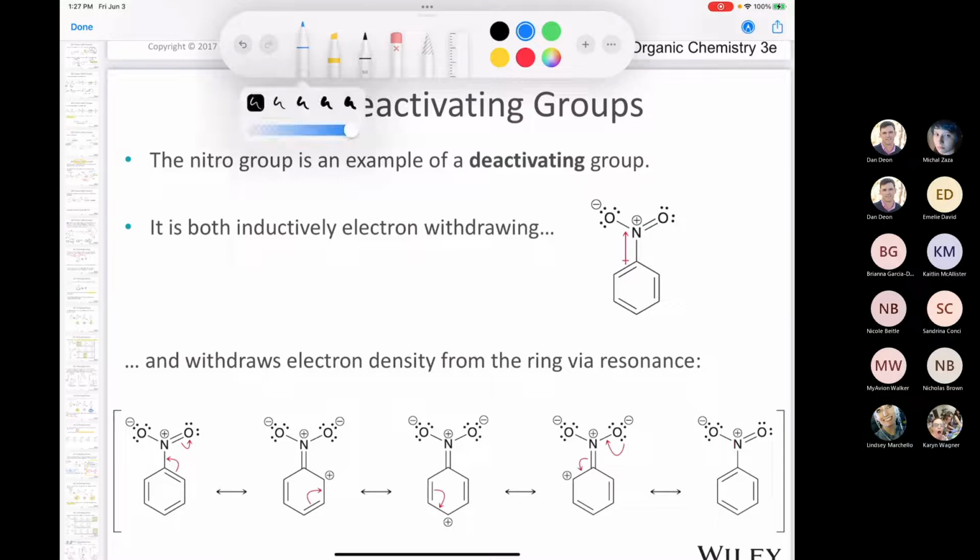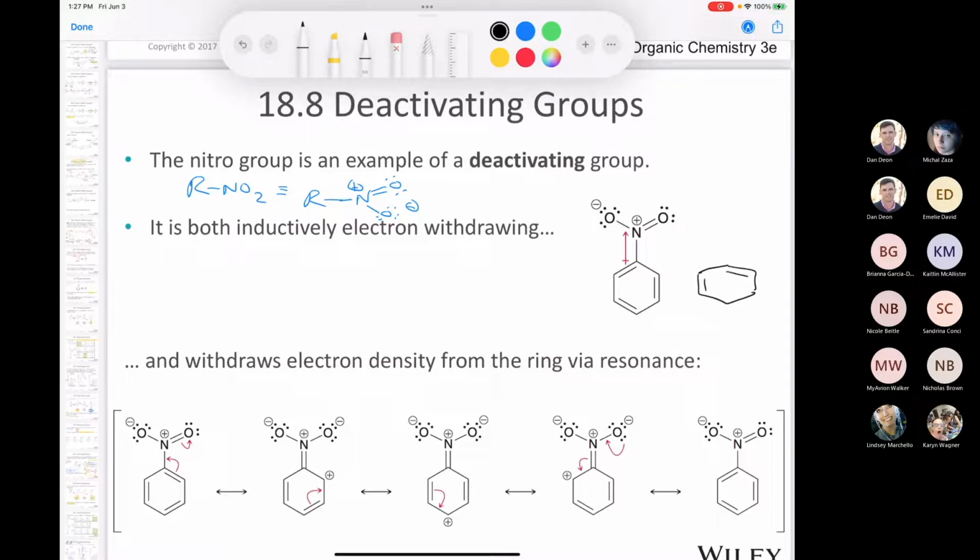If you have a nitro, so RNO2, and you need to know how to draw that Lewis structure, so we have R, we have a zwitterion, because we have a negative charge on the oxygen and a positive charge on the nitrogen. All right, so here's the Lewis structure of our nitro. Here it is. This is nitrobenzene. Again, what you're seeing here in this full-on Lewis structure is the same thing as this, just NO2.